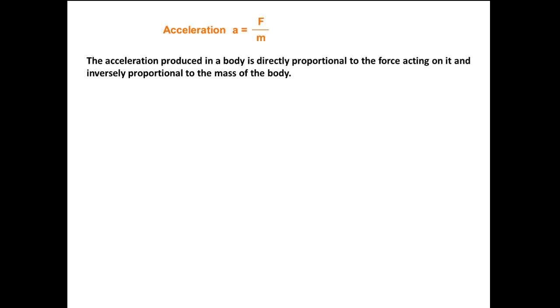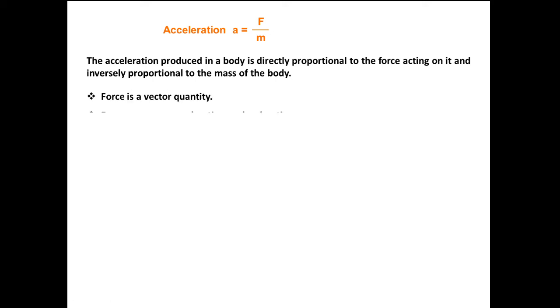But if we release it, the pen goes towards the earth. The reason is that more acceleration acts on the pen due to its lesser mass, while the force is equal.